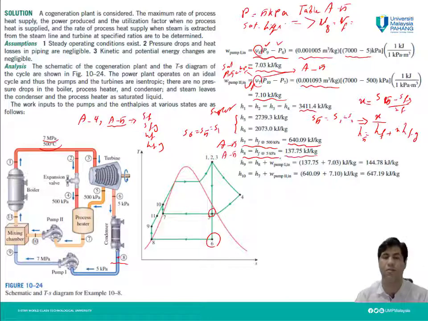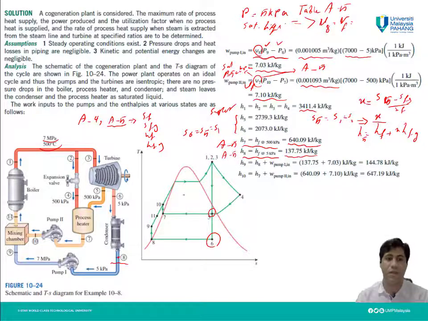So we can find h8, the enthalpy at state 8 for saturated liquid at 5 kilopascal pressure, which is 137.75. So all of this information can be found in the table.